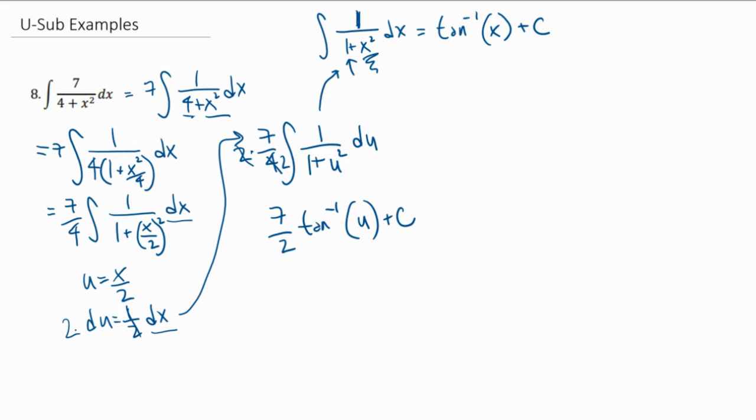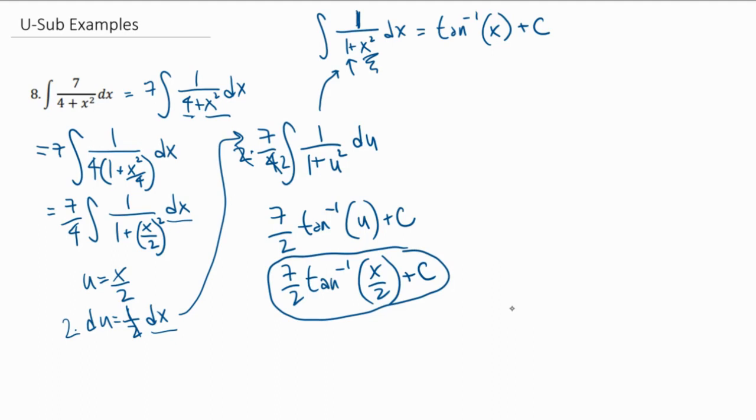And then we replace what u is. Tan inverse of x over 2 plus c. All right, so again, if you see you can't use backwards power rule or backwards exponential rule or backwards log or whatever, if you don't see the derivative is in there, it might be something like this.